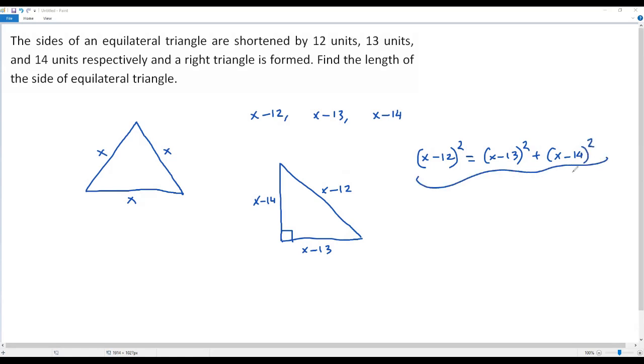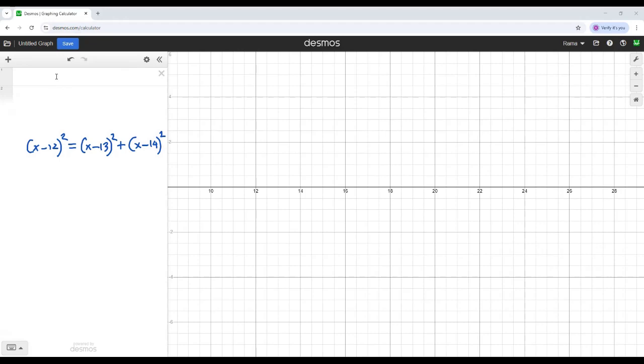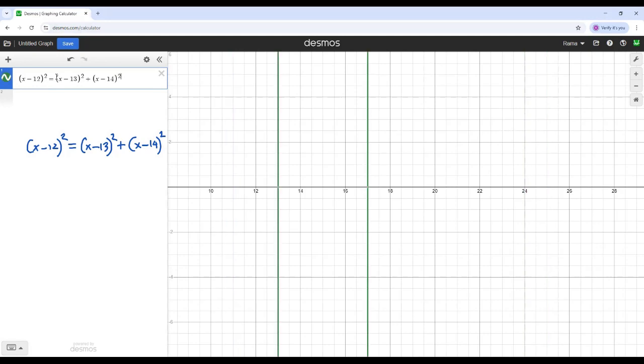Now we have to solve for x in this equation because x represents the length of the side of the equilateral triangle. Now we can go to Desmos and solve for x. Let me give the equation as input, that is x minus 12 the whole square equals x minus 13 the whole square plus x minus 14 the whole square.